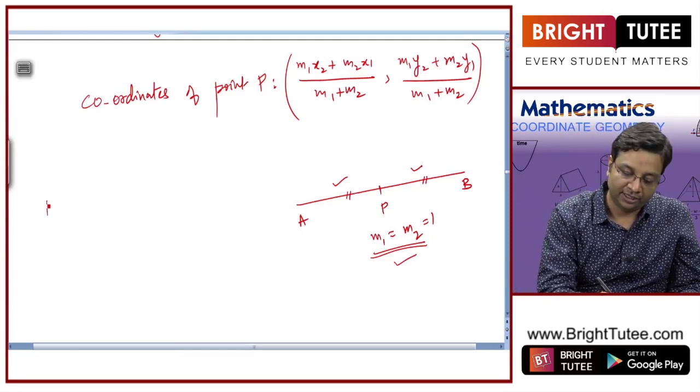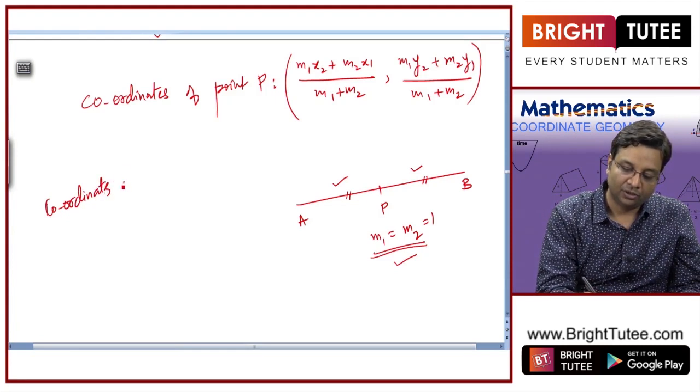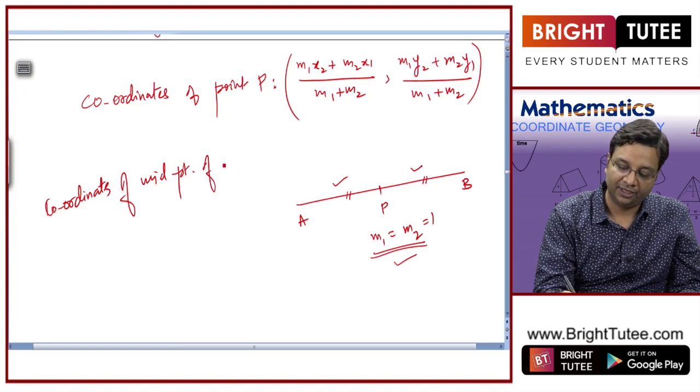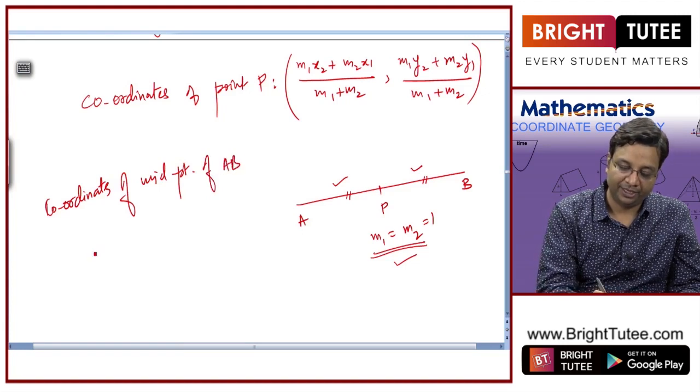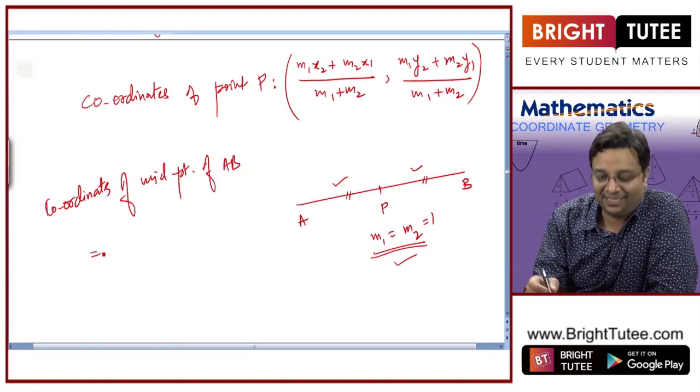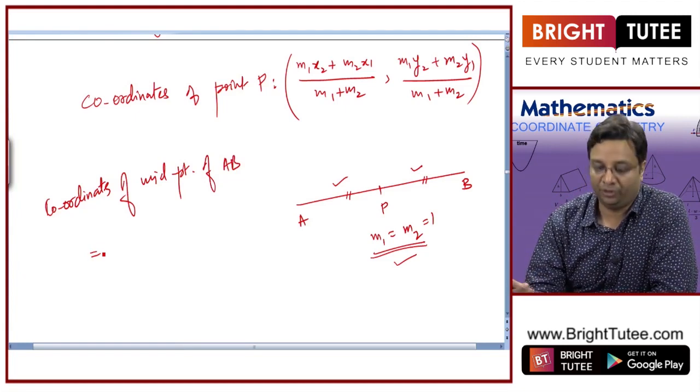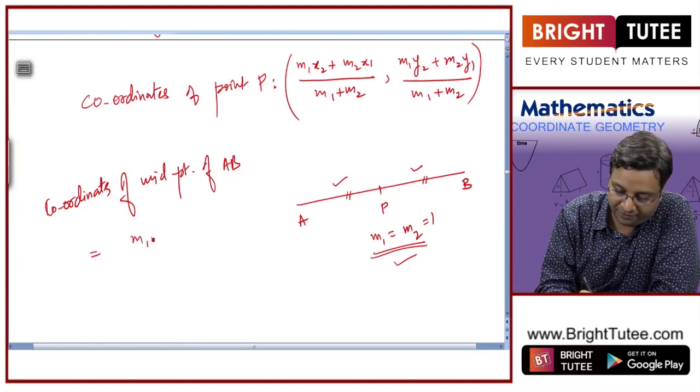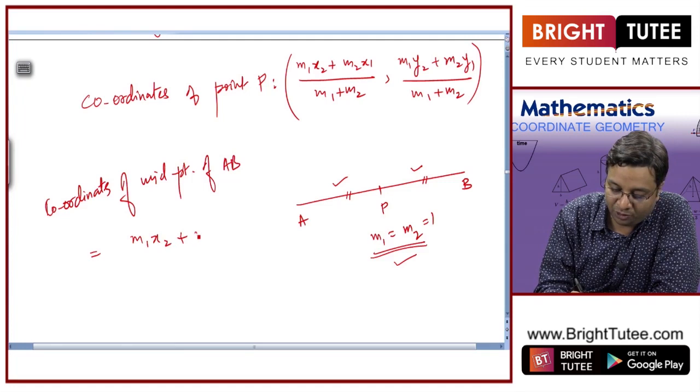So the coordinates of the midpoint of line segment AB will be equal to, just replace m2 by m1 or m1 by m2. So what will happen is m1x2, I am replacing m2 by m1, plus m1x1, divided by m1 plus m1.